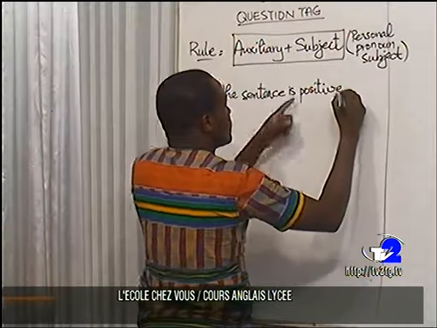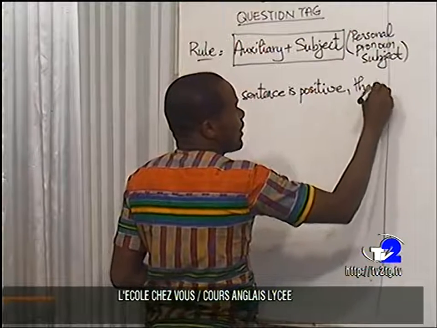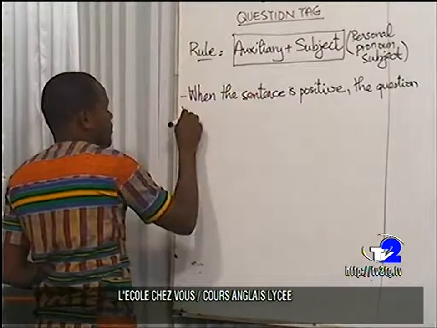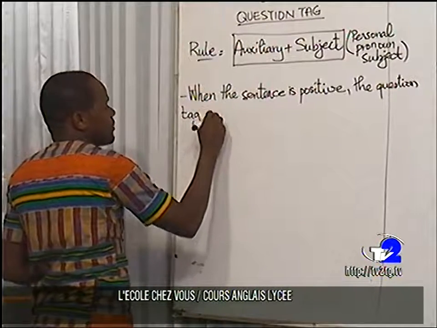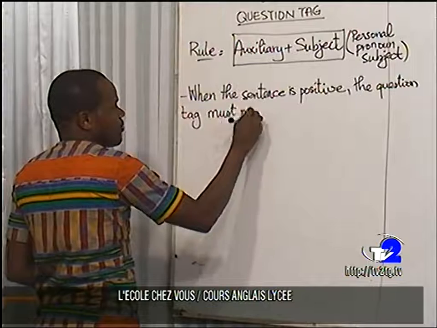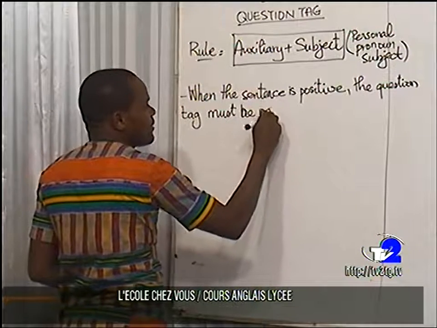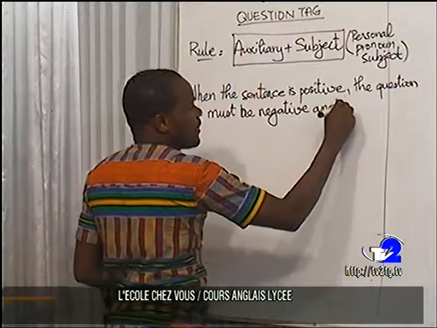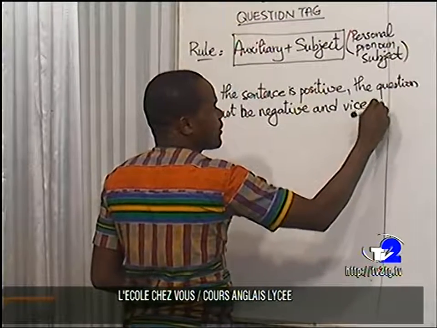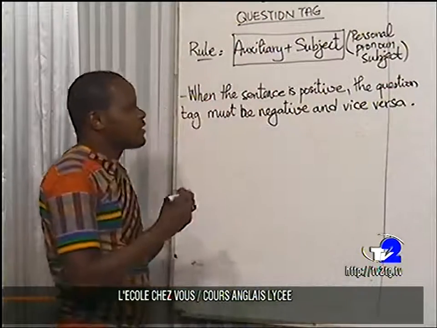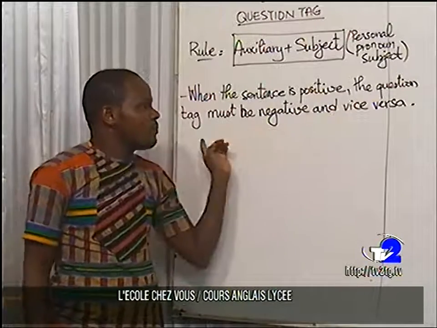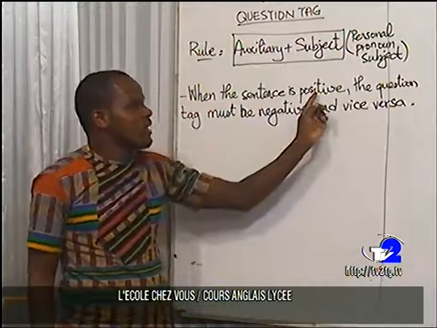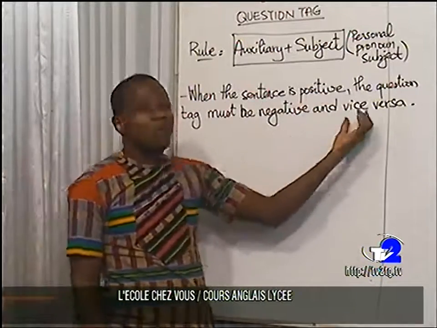So when the sentence is positive, the question tag must be negative, and vice versa. It means when your sentence is positive, the question tag must be negative. Now, when your sentence is negative, the question tag must be positive. That's why I say vice versa.